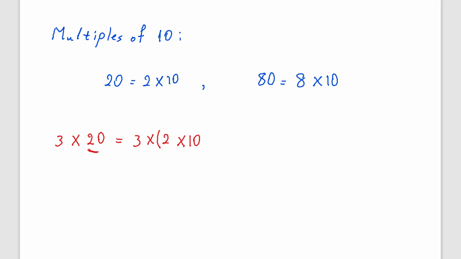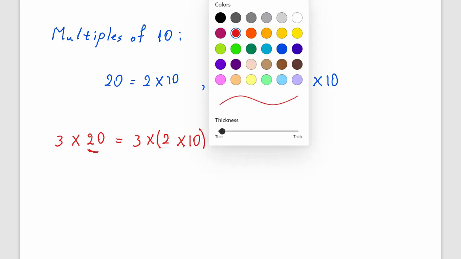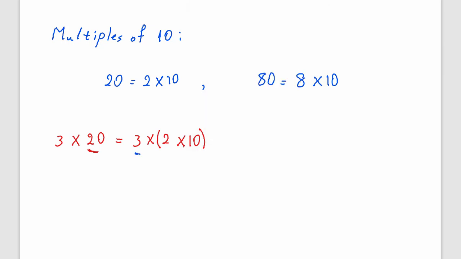And as you know, 2 times 10 is 20, so I just changed the 20 to be 2 times 10. After that, I use the associative property to multiply the 3 and the 2 first, then multiply by 10. And 3 times 2 equals 6. Then I can multiply it by 10.